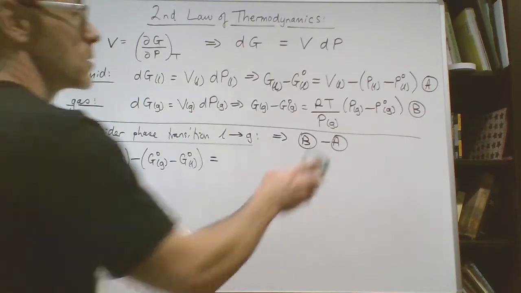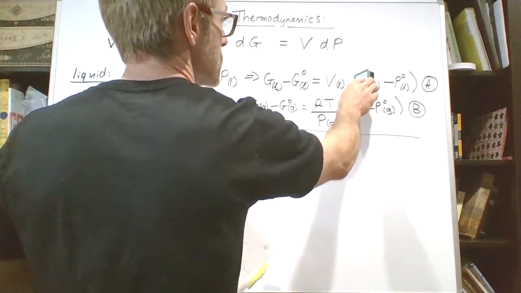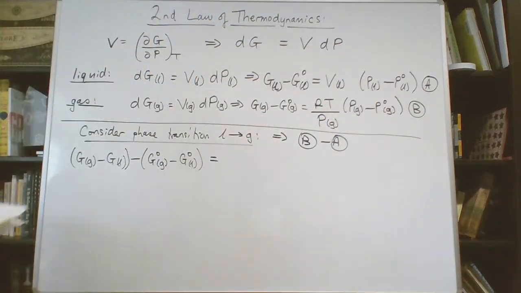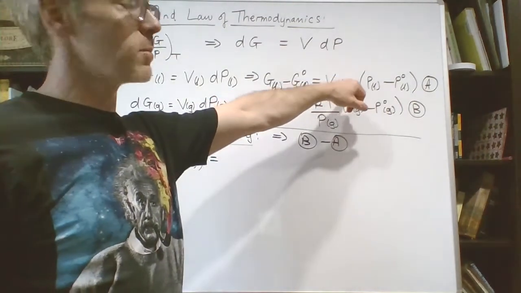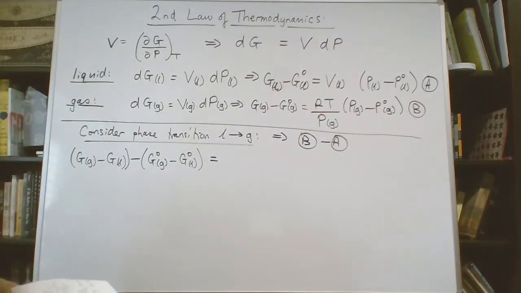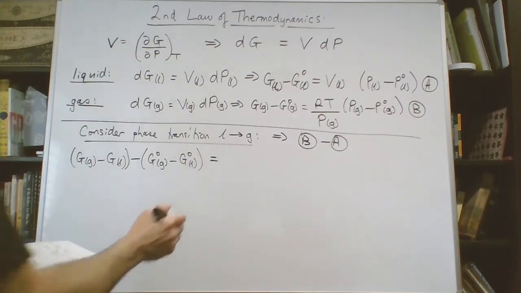And I've just noticed there should not be a negative sign here. That was a typo. There shouldn't have been a minus sign up here. So glad we caught that one.